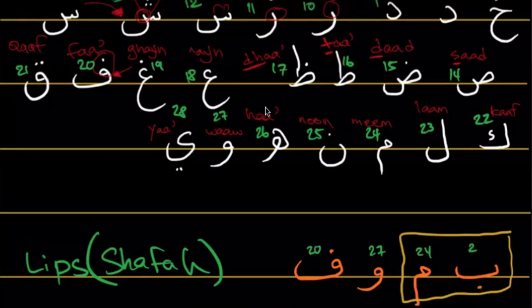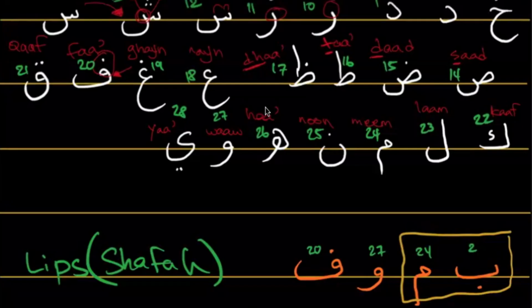Then waw. Waw is a little bit further from ba and meem because although it uses two lips, it leaves an opening between them. Ba, your lips close completely. Meem, your lips close completely.